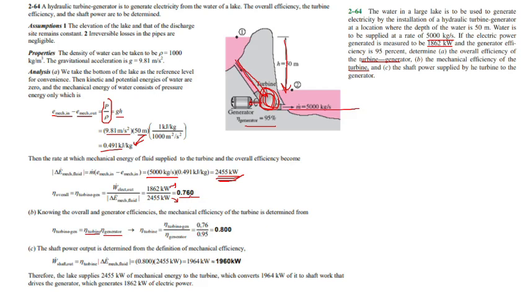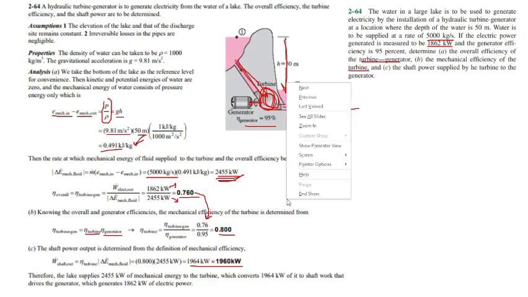Turbine generator efficiency is 0.676, which is calculated from here, divided by the efficiency of the generator. You will get your answer. While the shaft work output will be equal to the efficiency of the turbine into the mechanical energy of the fluid. So just multiply these two terms, you will get your answer.